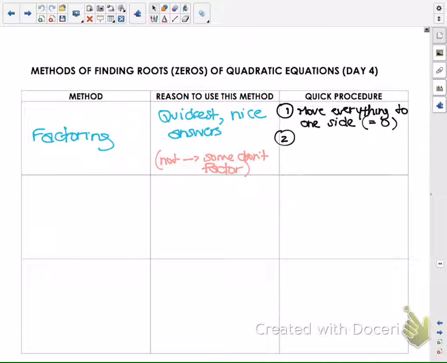Check for a GCF. Step 3 is to finish factoring however you need to. The box, difference of perfect squares, one of those. Last but not least, what do we do with our factors? Set factors equal to 0 and solve.